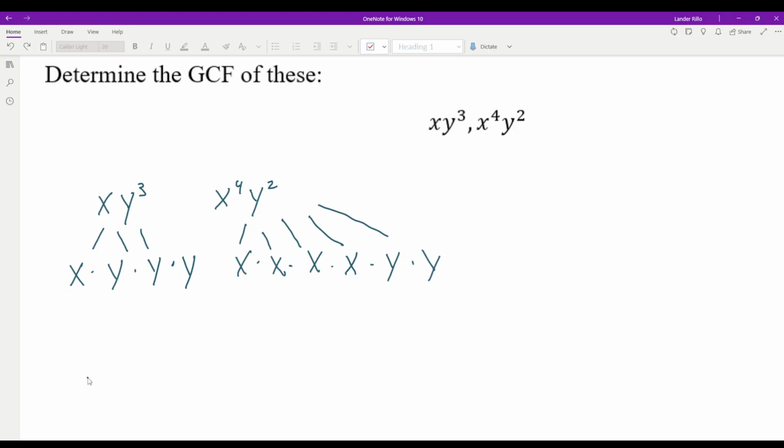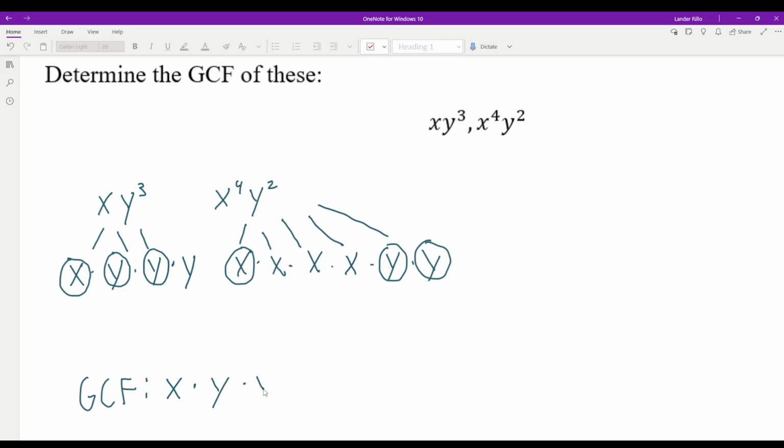And then we just do the same method that we did to find the GCF between these two expressions. We have an x in common, so I'm just going to circle the x, and an x in common here. That's one x. There's a y that's common between them. There's a y, and there's another y here. Another y here.